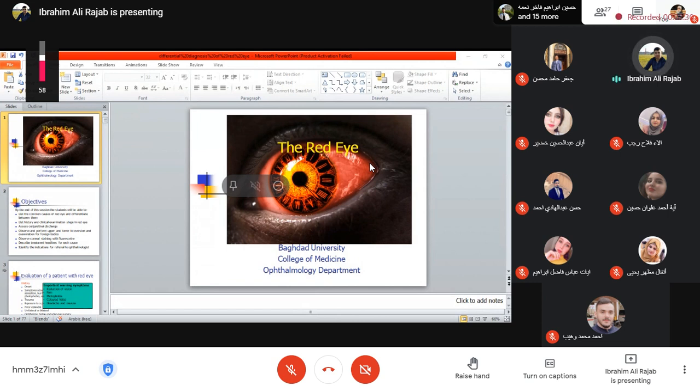So we may think that this patient has allergic conjunctivitis and the cause of recurrent red eye is allergy. Another example is patients with uveitis. They may present with recurrent attacks of red eye due to recurrent disease.